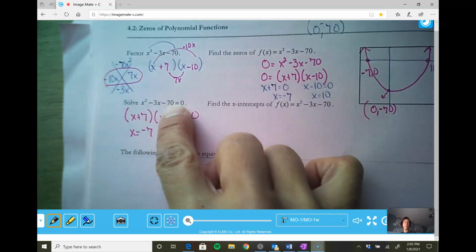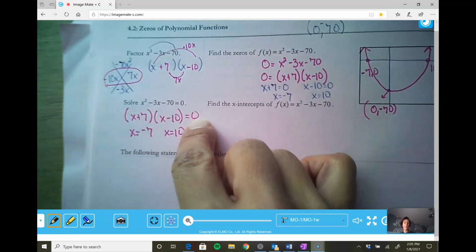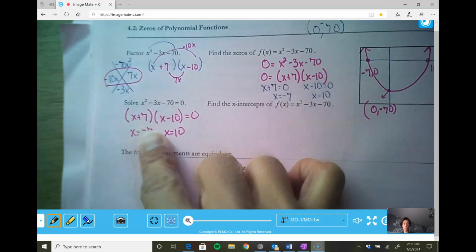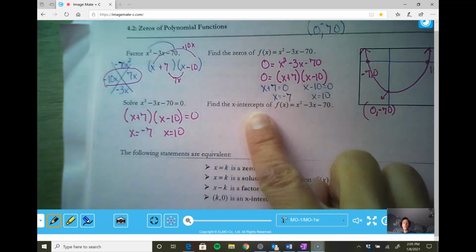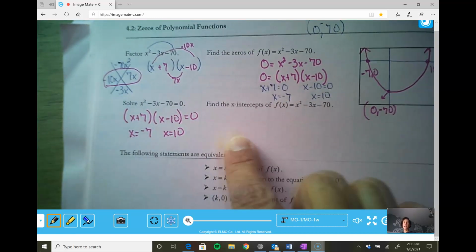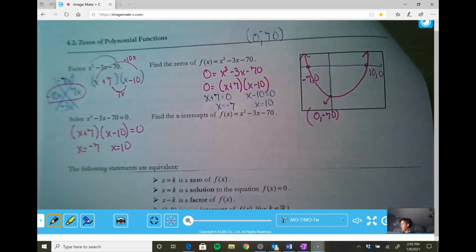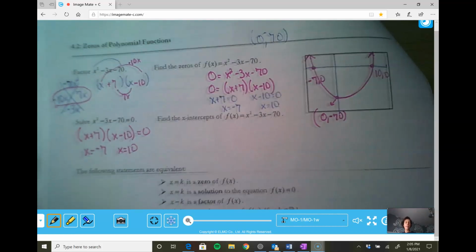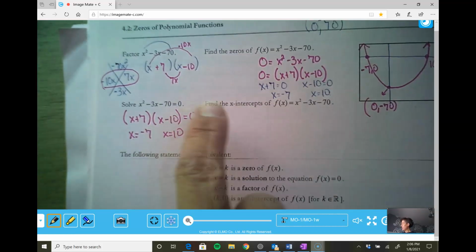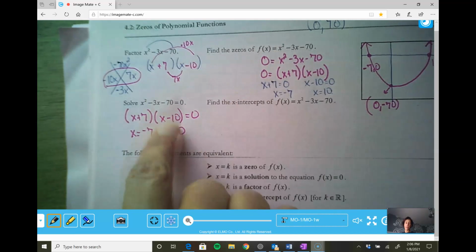In solving, it's going to equal some number. And so in this case, it's equaling 0. And then you would go about solving it. And when you find the x-intercepts, you are just finding where it crosses the x-axis. Okay? So all these things are very similar in what they're asking, but they're all presenting themselves a little bit differently.